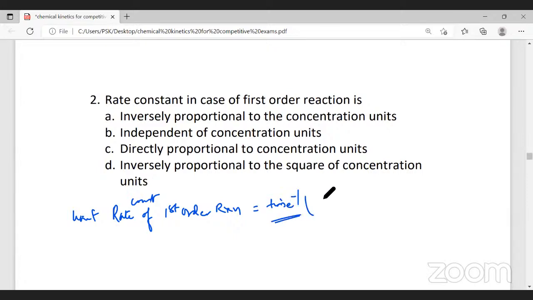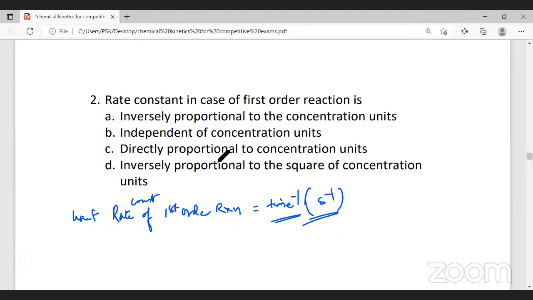Per time, or in per seconds. Now, when we come across this as per seconds, is there any unit corresponding to concentration here? No, sir. When there is no unit corresponding to concentration, we understand that this is independent of concentration.